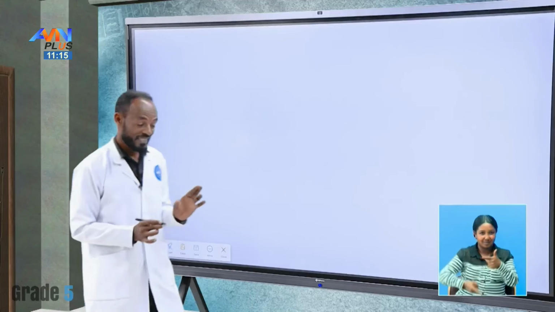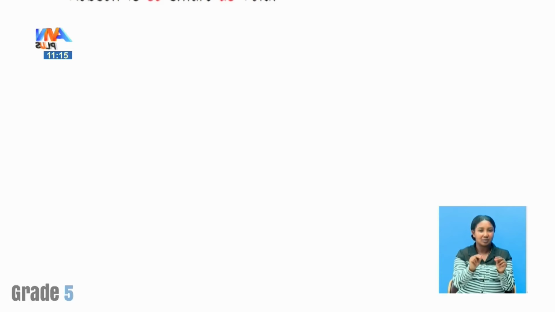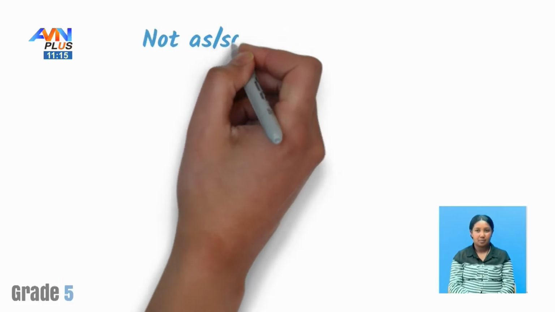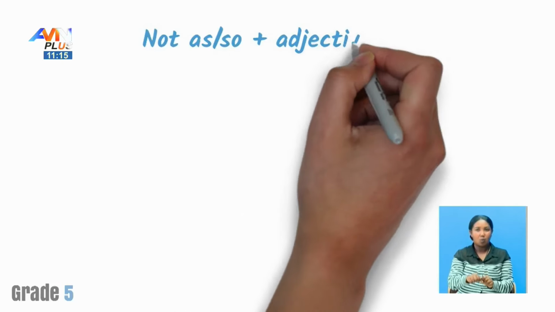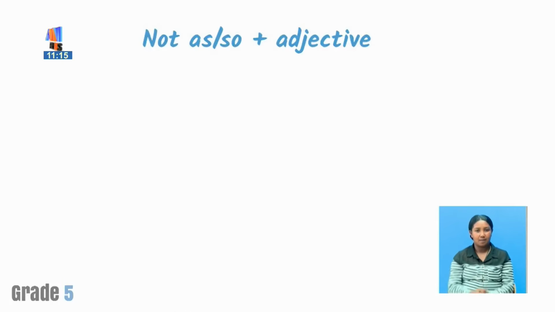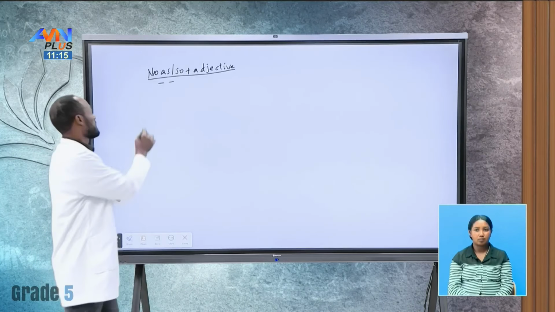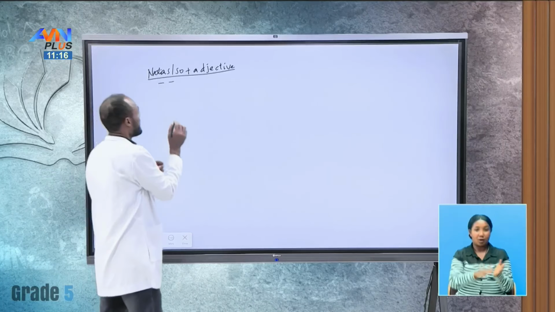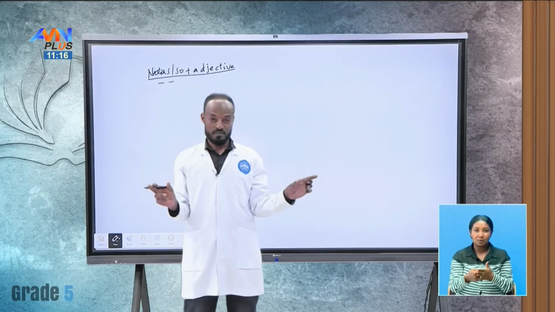The next point is, what if not as or so plus adjective? Students, in this sentence, we're talking about two persons.